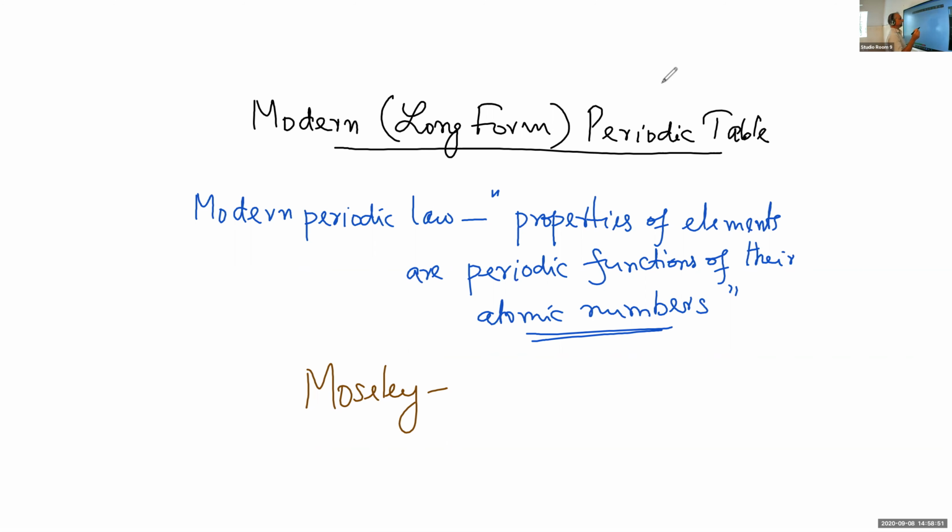Do you know the properties of the long form periodic table? Do you remember? In the long form periodic table, there are 18 vertical columns, which are known as groups. You studied this in the 10th standard.